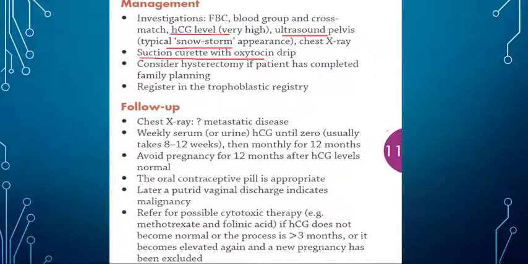We have to check their beta HCG weekly until it becomes 0, and then every month for 12 months. And we ask the patient to avoid pregnancy for these 12 months. If at any time beta HCG gets abnormally high, you have to refer the patient for cytotoxic therapy like methotrexate.